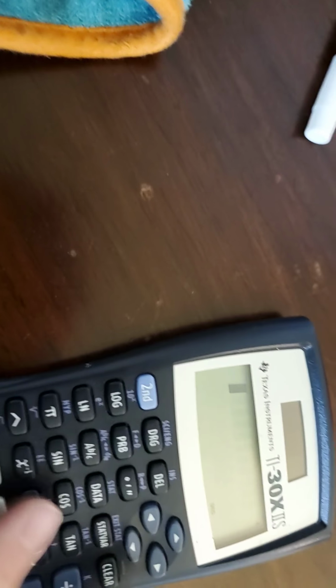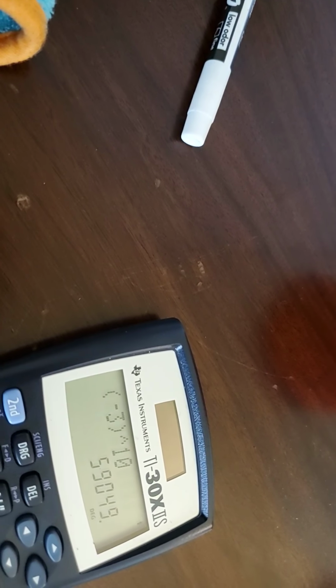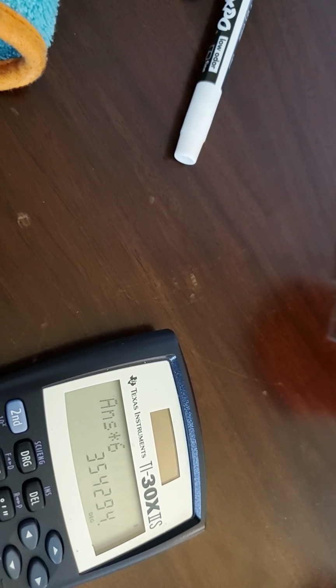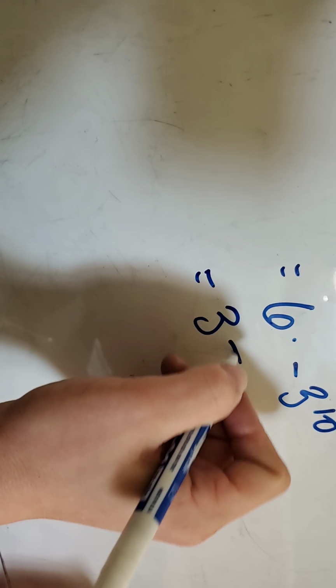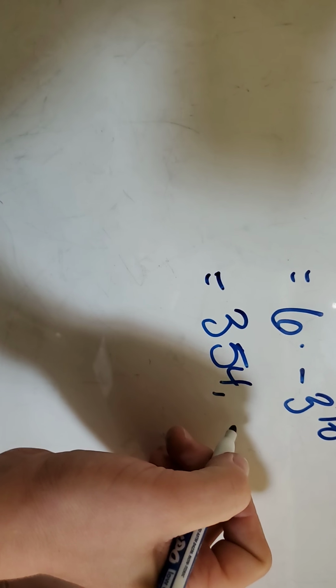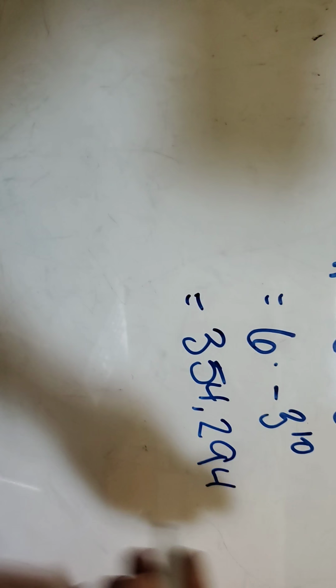Okay, so we've got to be careful. I'm going to use a parenthesis for negative 3. We're raising that to the 10th power. That's this, and then I'm still multiplying by 6. All right, so 354,294.